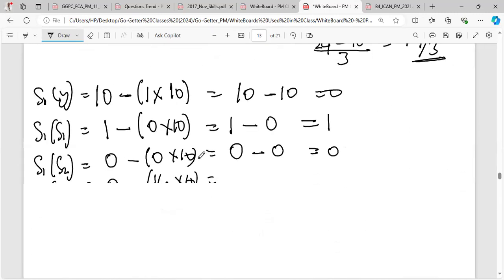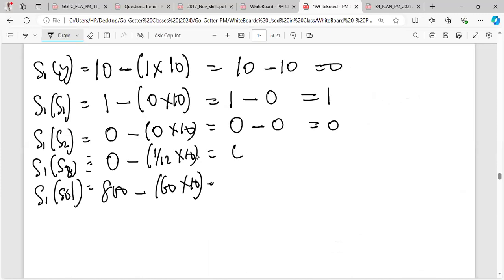Then we come down here, S2 again. This is 0 minus, so it's going to be 1 times 10 is 10, 12 times 1 is 12. So 0 minus 10 over 12 is the same thing as minus 10 over 12, which if you divide by 2 gives you minus 5 over 6.